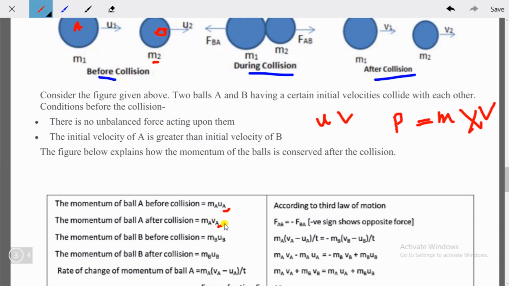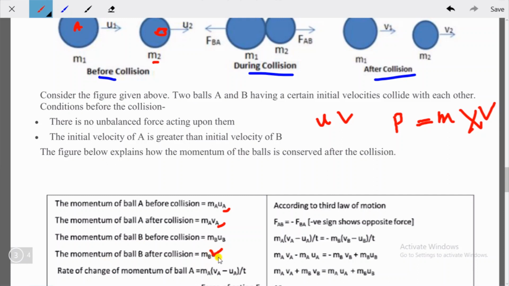Similarly, the momentum of ball B before collision is mb ub, where the mass of ball B is mb and its initial velocity is ub. The momentum of ball B after collision is mb vb.